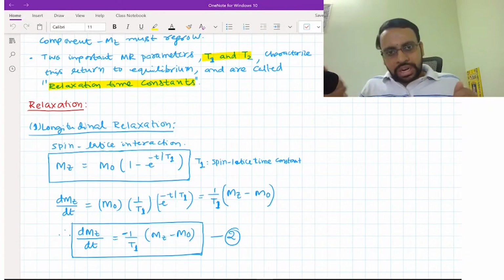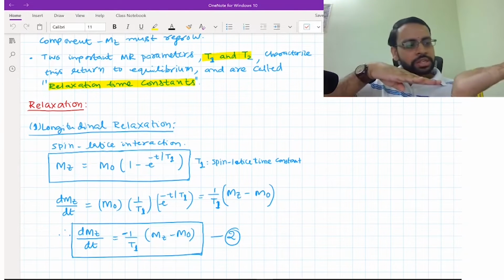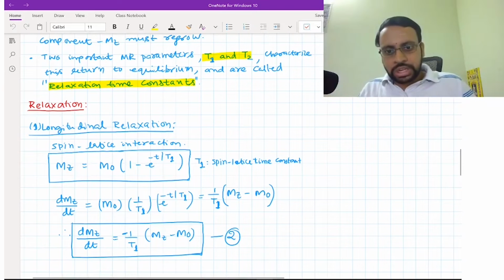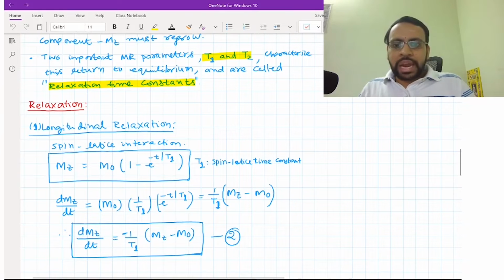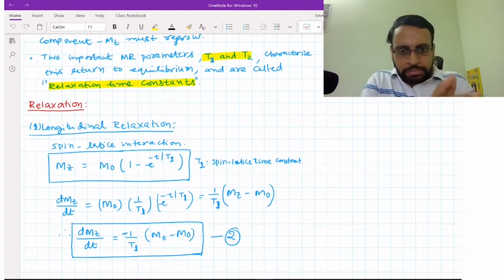Once you withdraw your field in the xy plane, this would again come back to its original position. For large values of t, this term is going to become 0. The rate at which this becomes negligible depends on this constant, and when it is 0, this would be equal to M naught after a sufficiently long time duration.